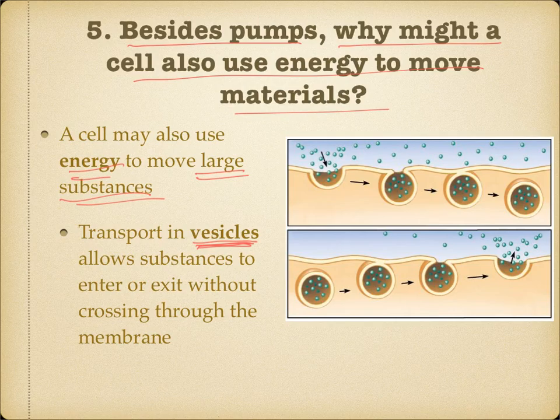They can literally fuse with the cell membrane and deposit substances outside or form from the cell membrane and bring those substances inside the cell. And this would be another type of active transport.